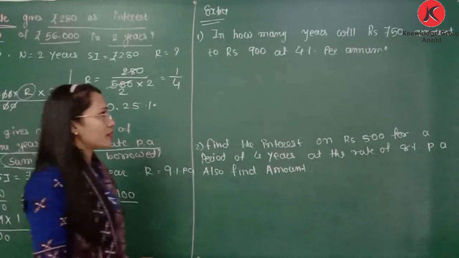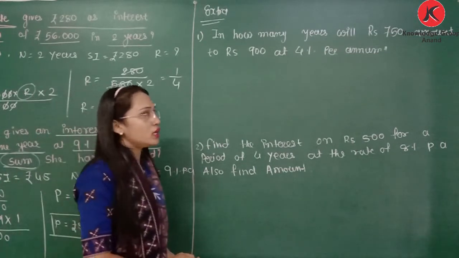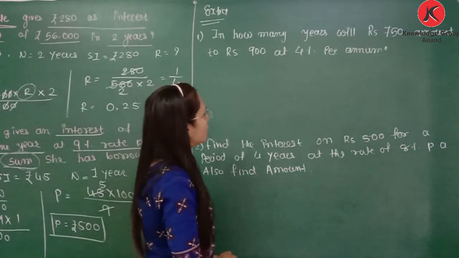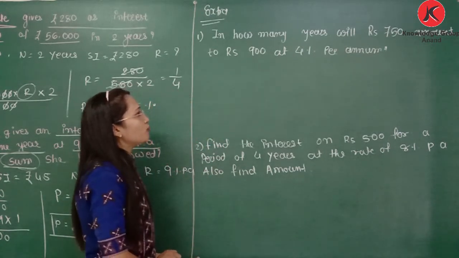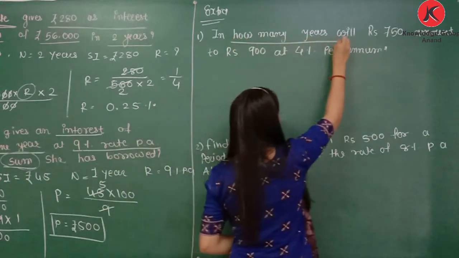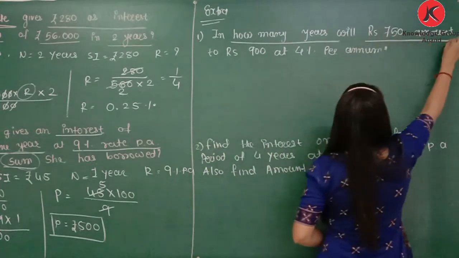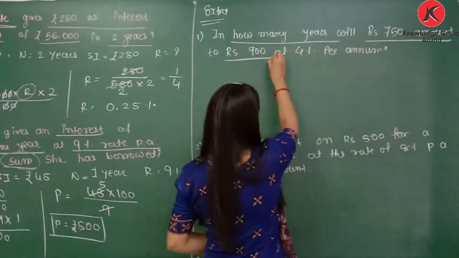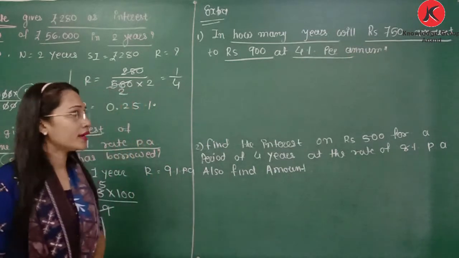Now let's solve some extra examples. So here, first, in how many years will rupees 750 amount to rupees 900 at 4% per annum? So here, how many years means we need to find the time period. 750 amounts to rupees 900 at 4% per annum.